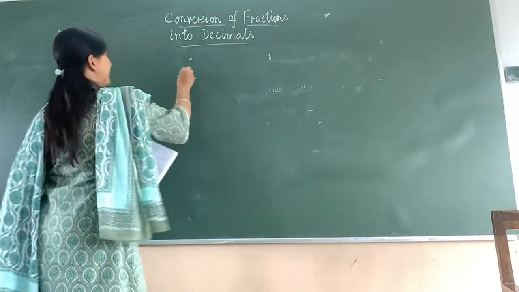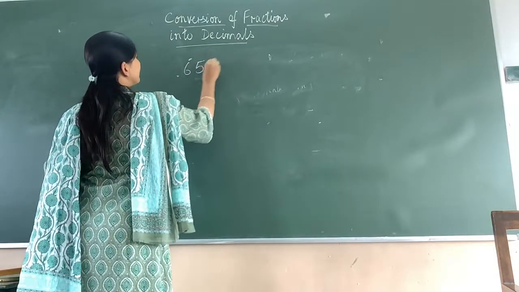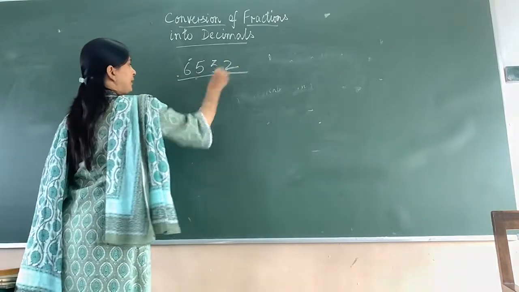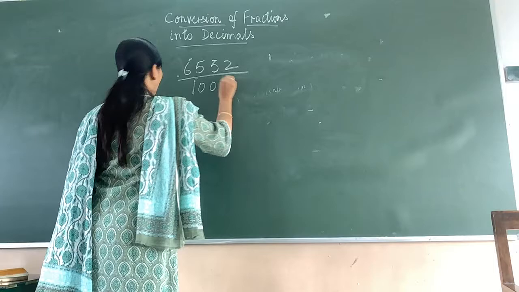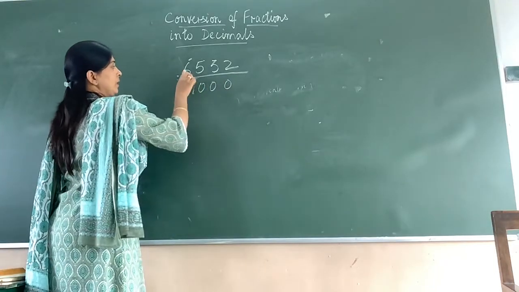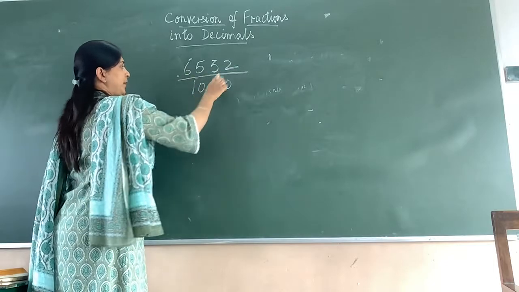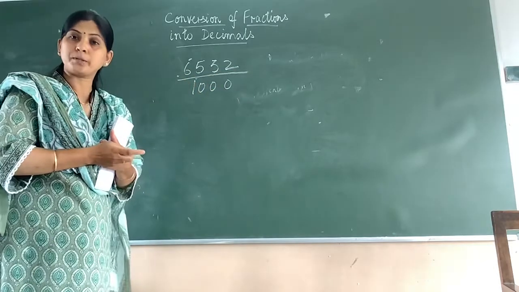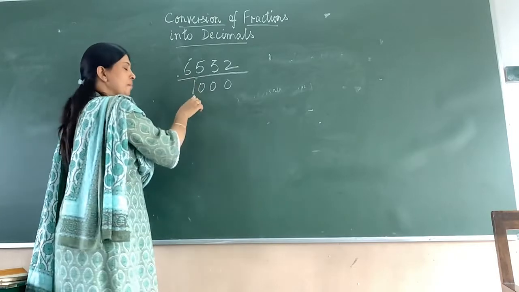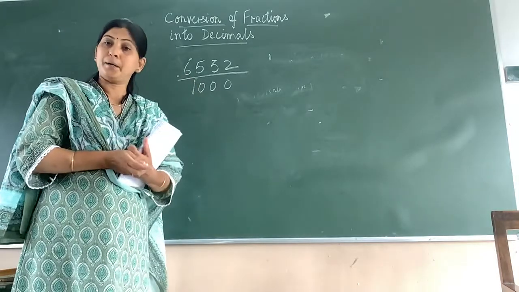Now see, let me take 6,532 over 1,000. Okay, so now see, the numerator is more than the denominator.